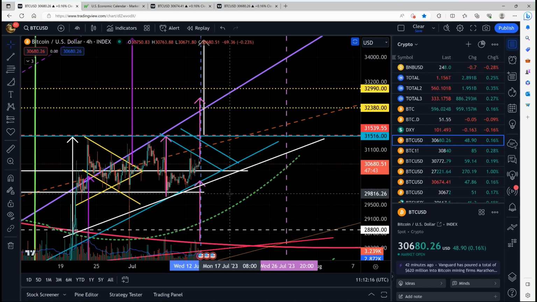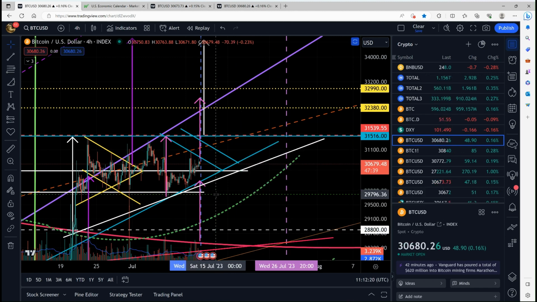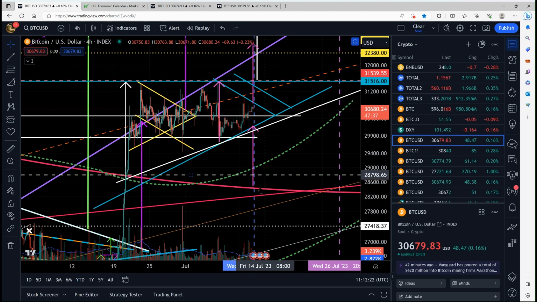Now, the breakdown target from that area, I've carried the arrow over here and placed it at the bottom of the triangle, assuming we break out at the announcement of the CPI data.